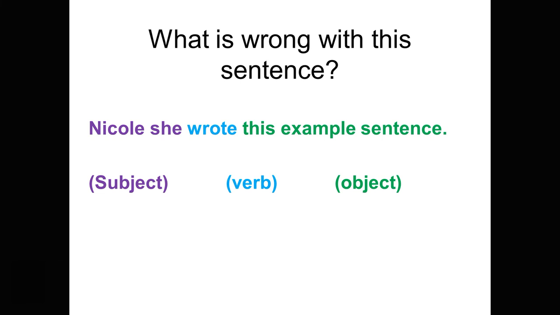So what we need here is Nicole wrote this example sentence. The problem here is that we have this double subject. If you got that right, well done.